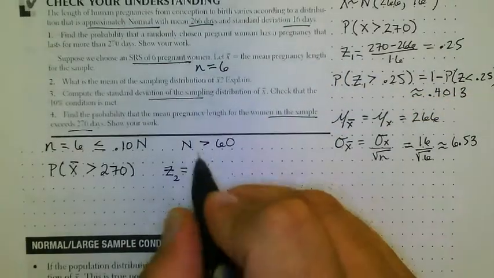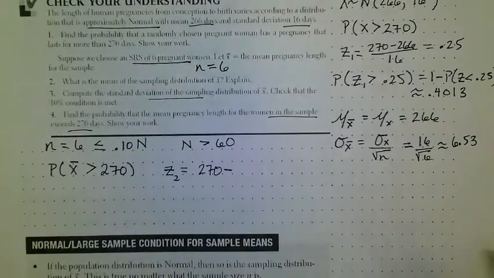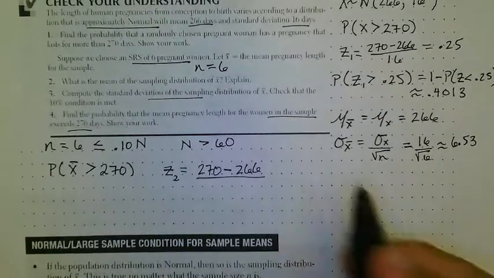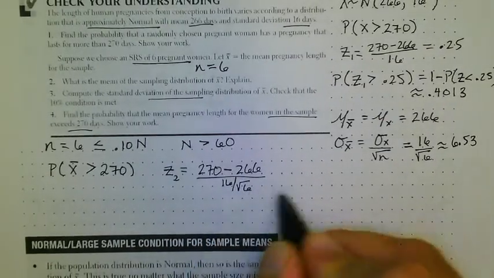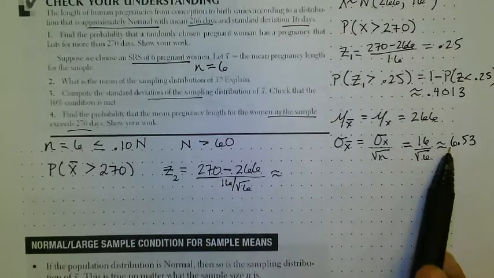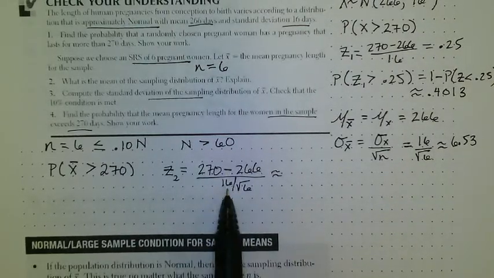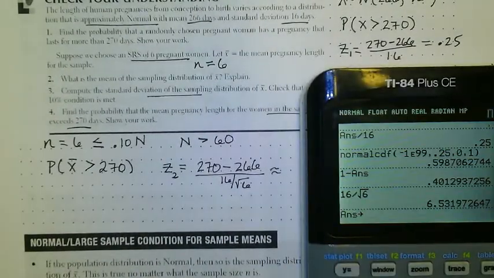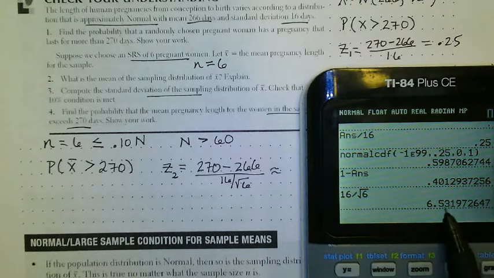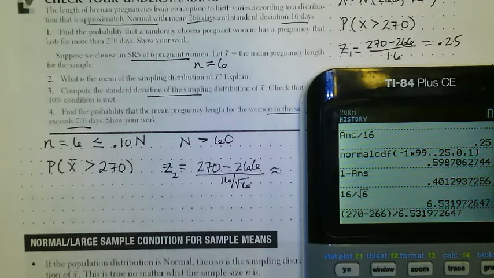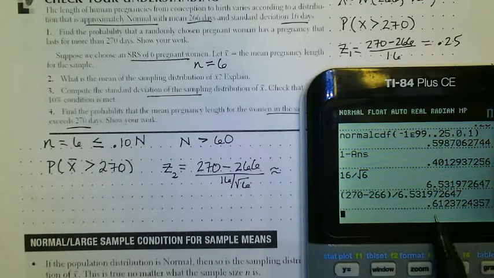So z2 is going to be 270 minus 266 all over 16 divided by root 6. And I'm going to use this exact value rather than the rounded 6.53, because if you take a rounded answer and then round again, you tend to lose your accuracy. So 270 minus 266 divided by that number is about 0.61.